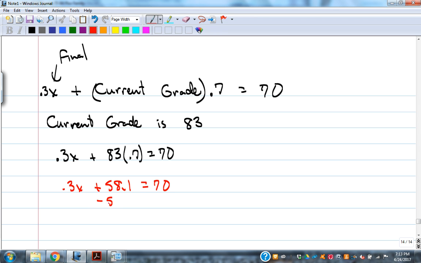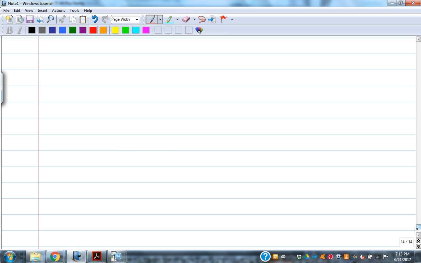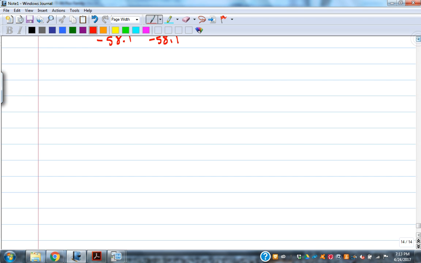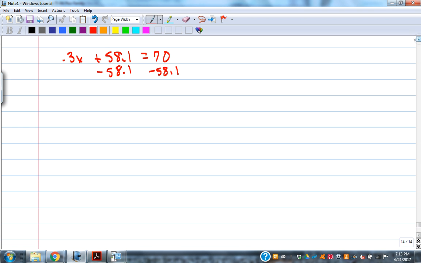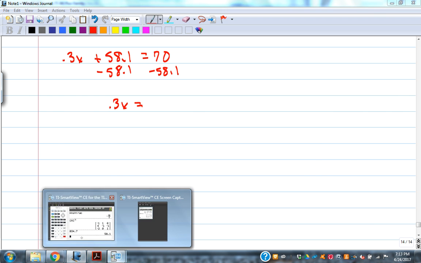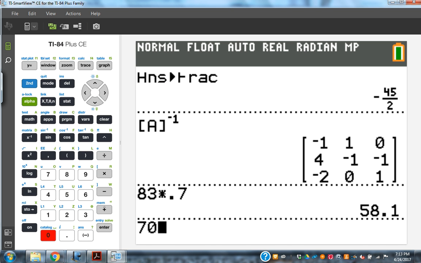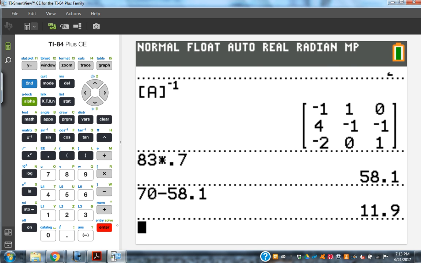We'll subtract that to get x by itself. So 0.3x is equal to 70 minus 58.1, which is 11.9.